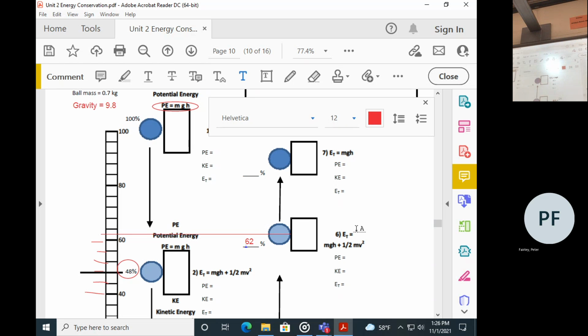Okay, so now take 62% of the total energy. How do we do that? Take 62 and change it to 0.62. Multiply by that total energy. And is that going to be potential or kinetic?